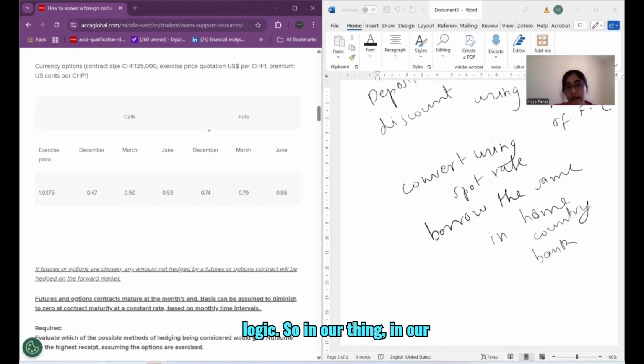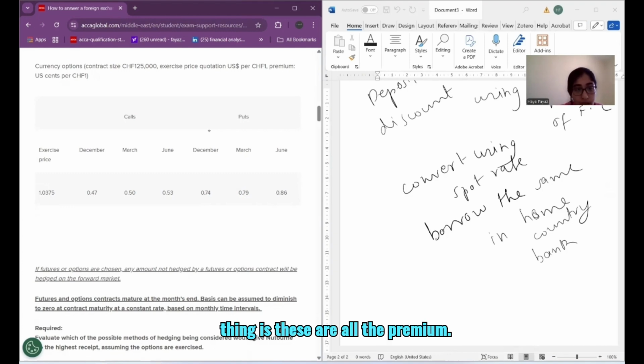In our question, of course, it has been given to us as US dollar per CHF. So I will of course choose June, either June call or June put. The exercise price stays stagnant, it is one only.